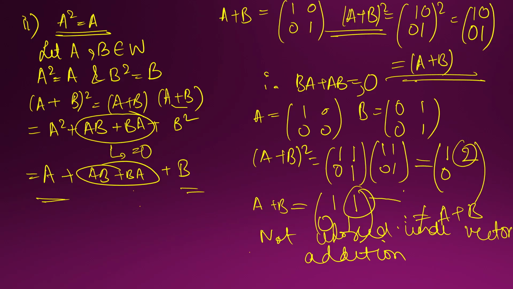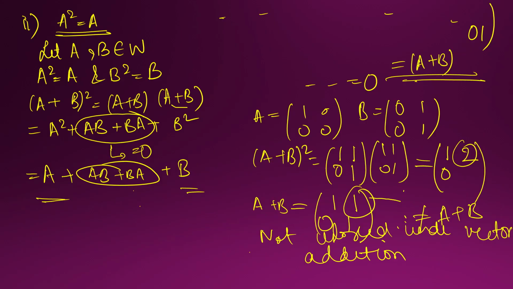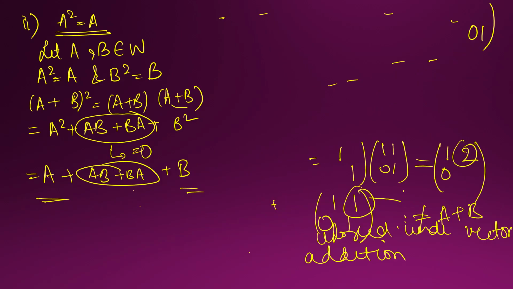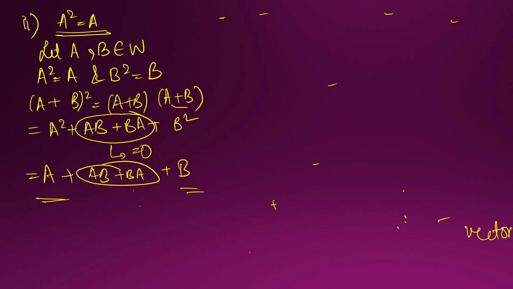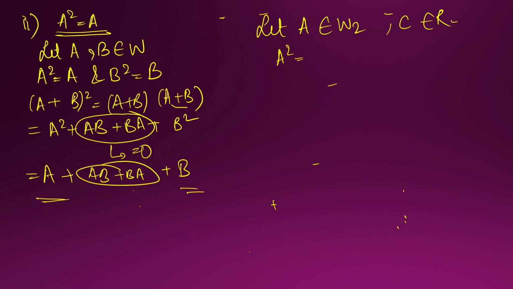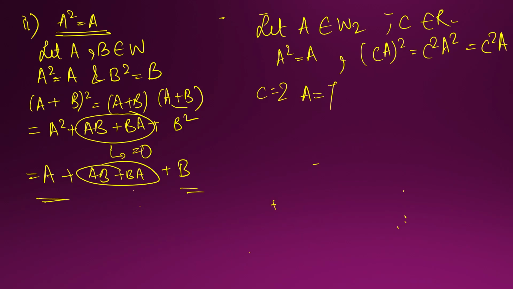Now let's see for multiplication. Let me erase this. So now, let A belong to W2 and C belong to R. Therefore, we know that A square is equal to A. Now CA whole square will be equal to C square A square, which is C square A. Let's assume C as 2 and A as 1 0 0 0.